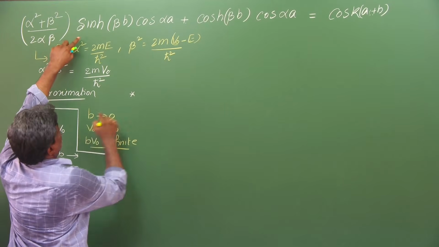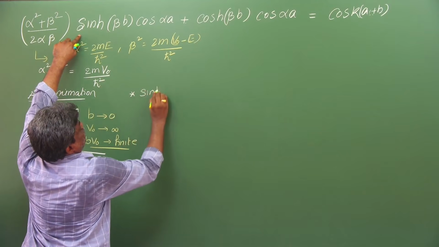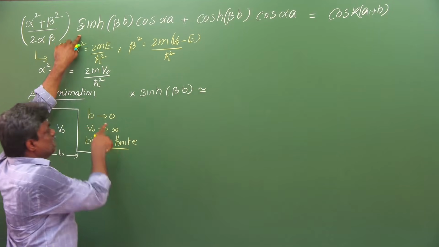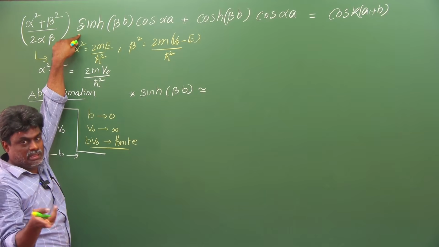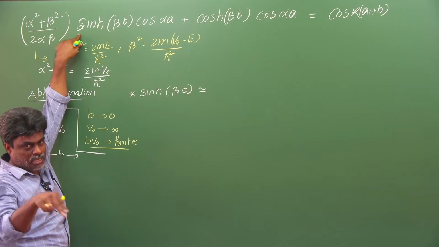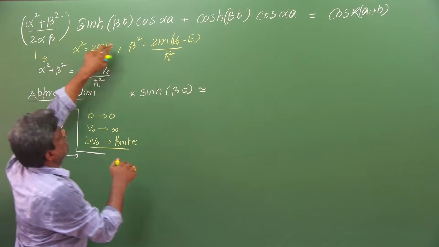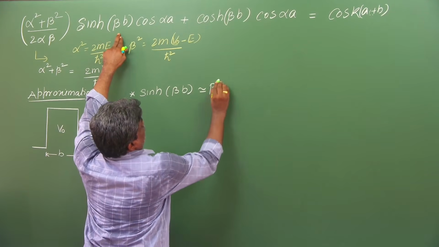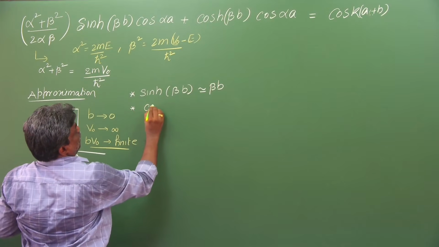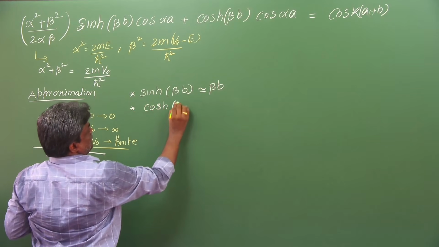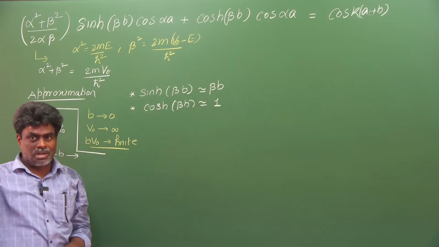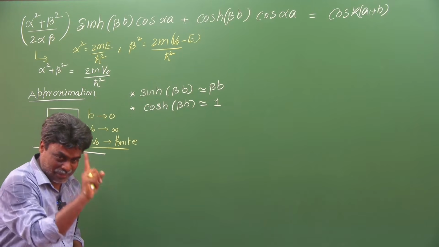Once you have taken b tends to 0, observe that sinh theta, if theta tends to 0, is nearly equal to theta, just like sin theta. Next, beta b tends to 0, so cosh beta b is nearly equal to 1, not 1 plus theta square by 2, we are taking it as 1.